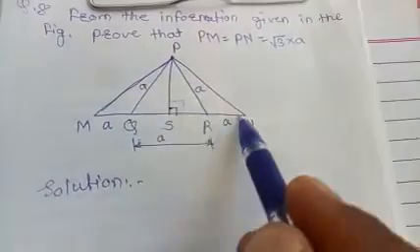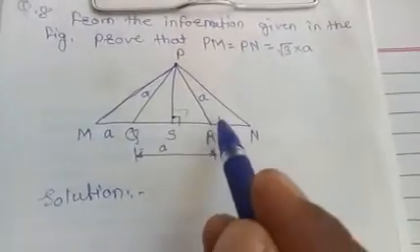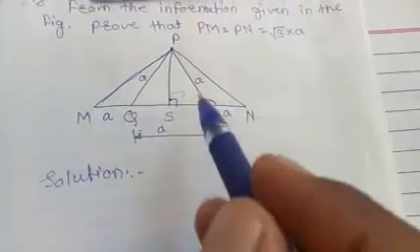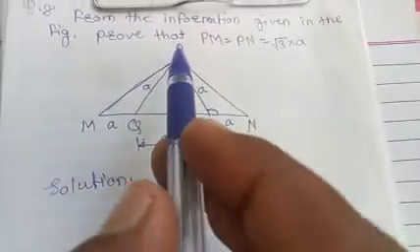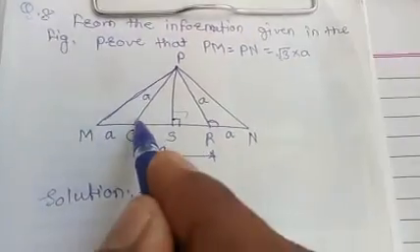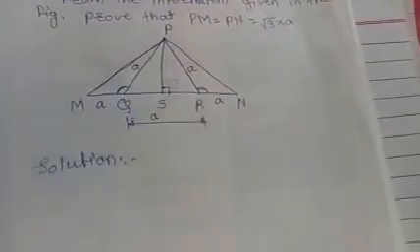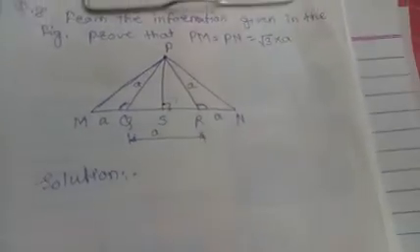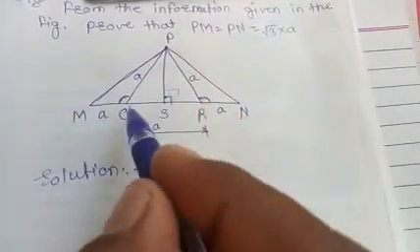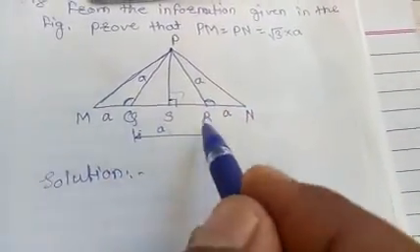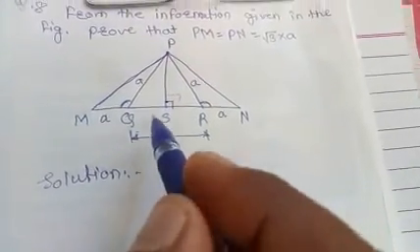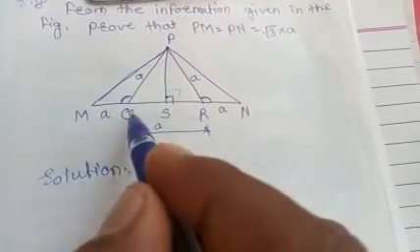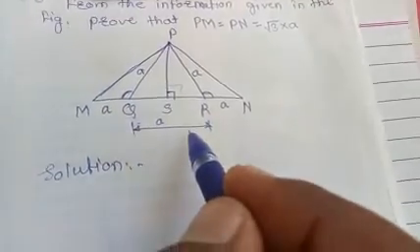Triangle PRN is an acute angle triangle, and similarly PQM is also an acute angle triangle. Triangle PQR is an equilateral triangle, and PS is its altitude. That's why QS and SR are divided by A.